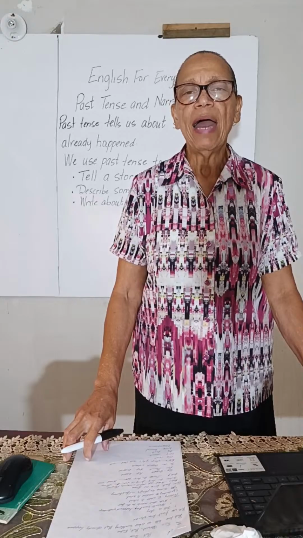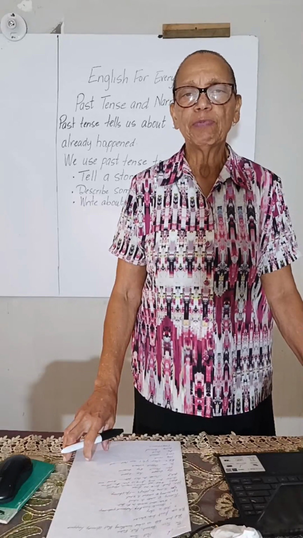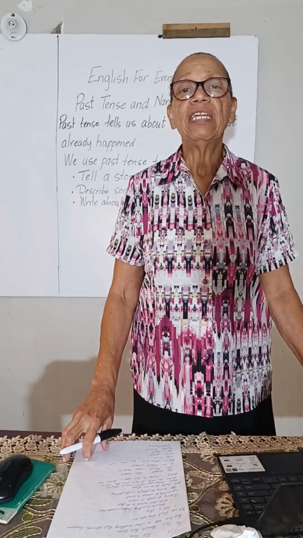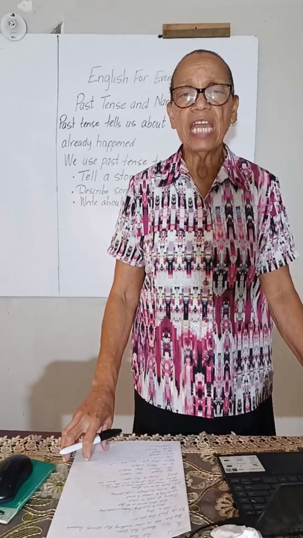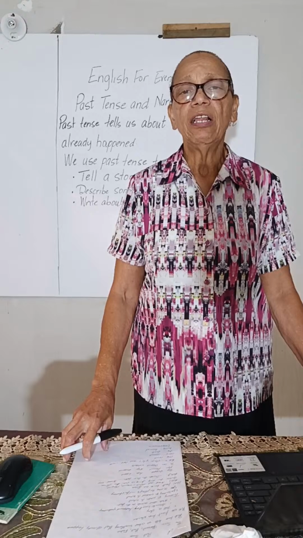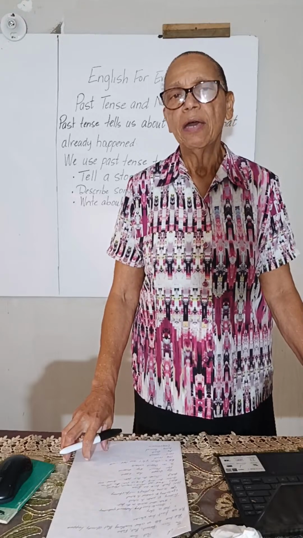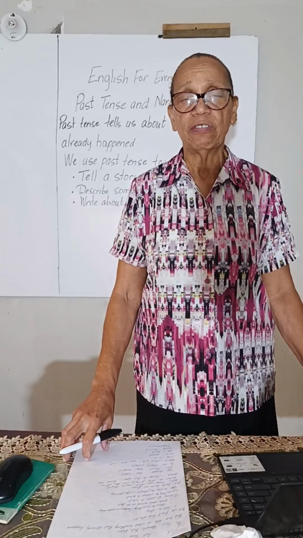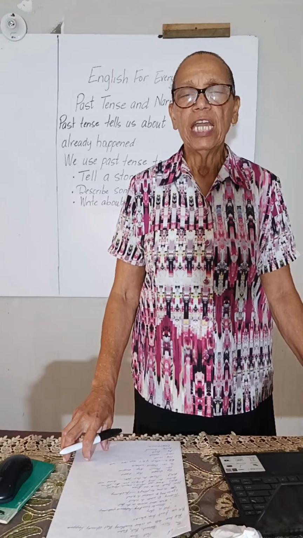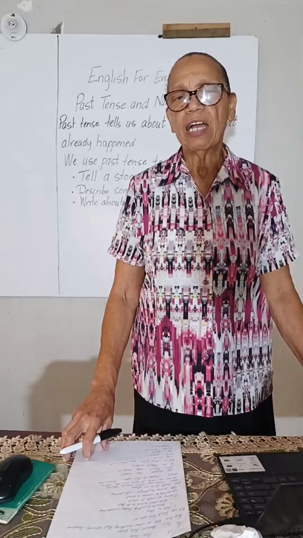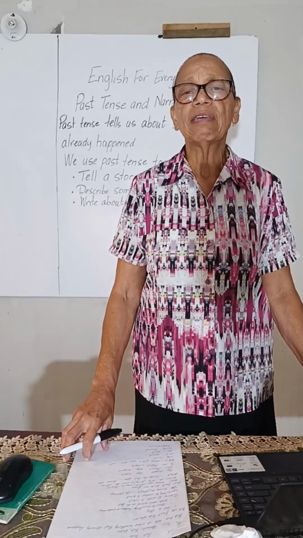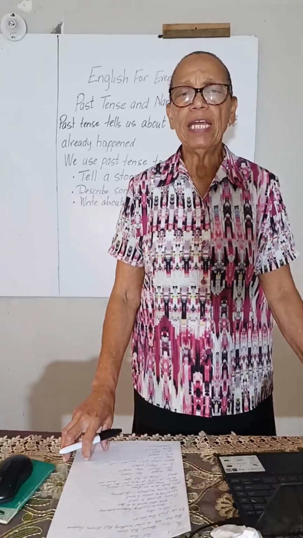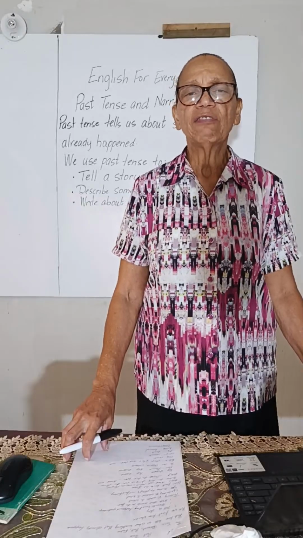Grammar, and grammar has to do with the 8 parts of speech, the definite article and the indefinite articles, a and an, plus punctuation marks, plus capitalization or capital letters. So that's what grammar is all about.